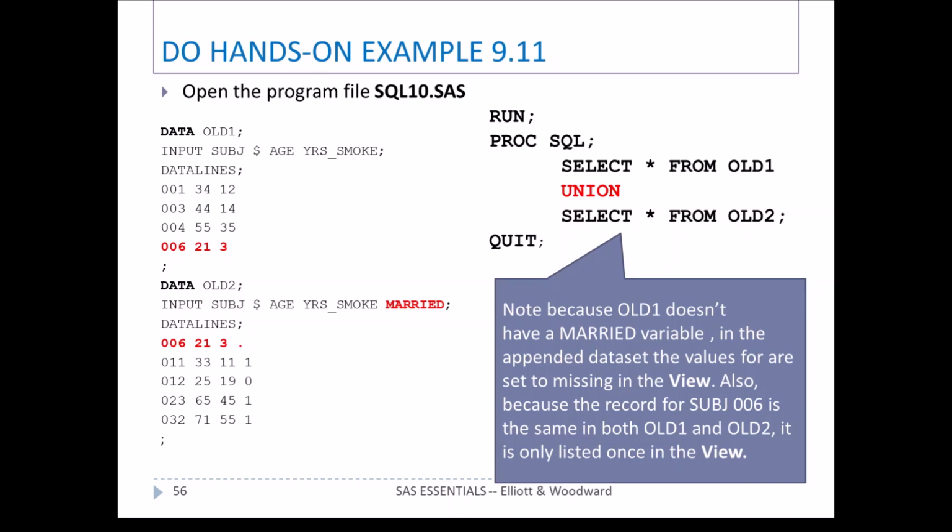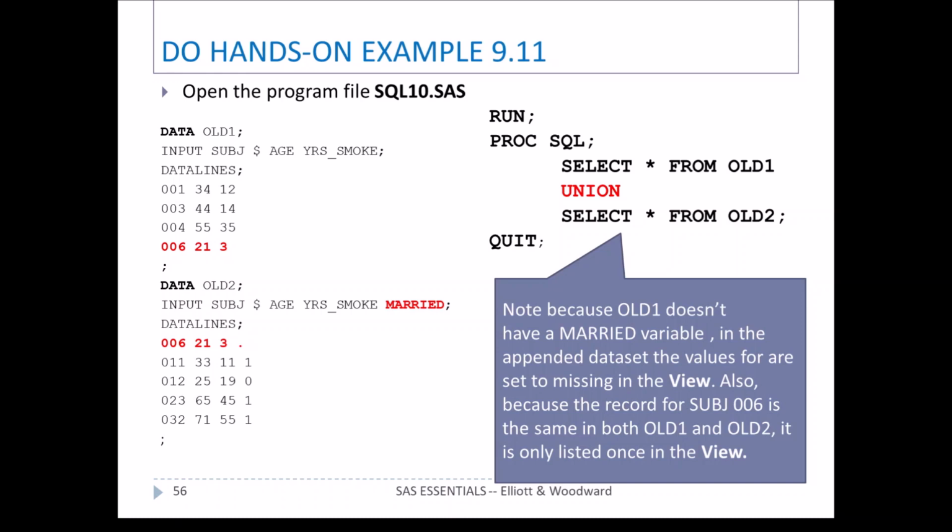One called old 1 that we're creating, just within a regular SAS data step, and we have another one called old 2. Notice there's a little bit of difference between them. First of all, old 2 has a value called married, whereas old 1 does not have that value in there. So we're going to see what happens when we try to put these together. So let's take a look at what that does.